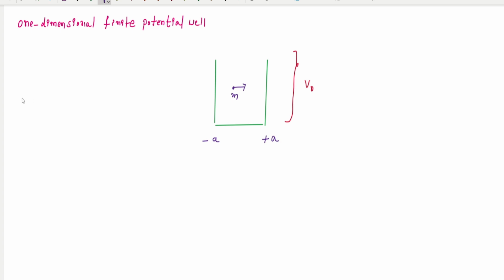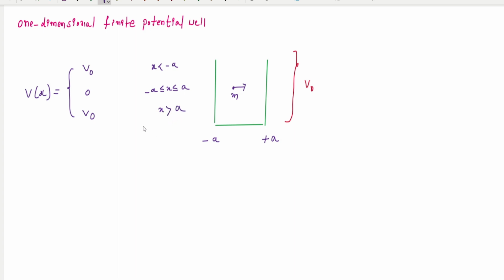Therefore the potential V of x I'm going to define like this: V naught where x less than minus a, and 0 between minus a and plus a, that is minus a less than x less than a, and again V naught for x greater than a.